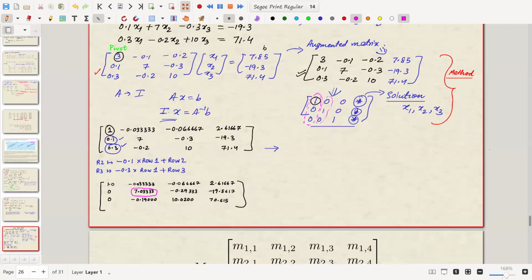So after you eliminate it, can you tell me just by dividing? First row will be the same. It won't change. So I'm dividing by 7.03333, you know. What are these two quantities? You have to tell me.